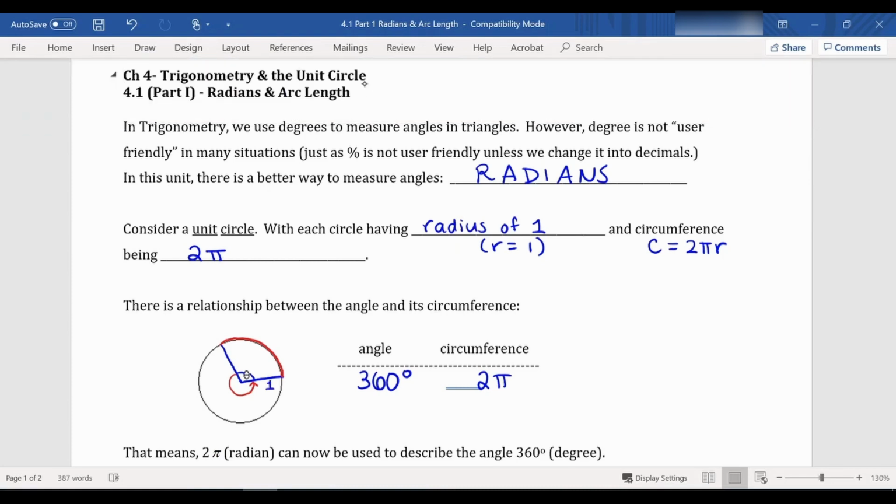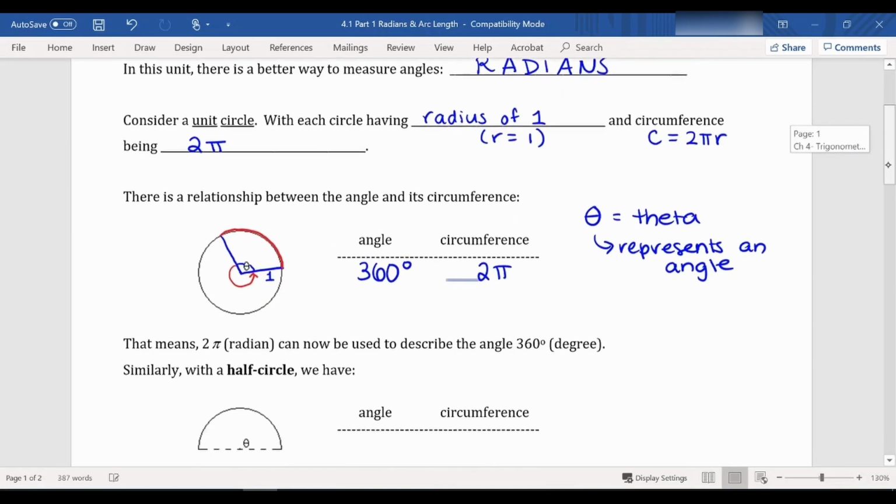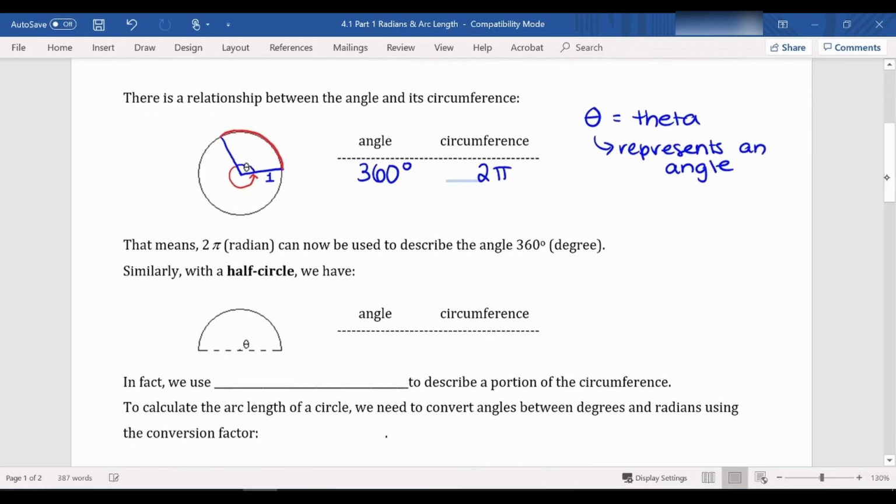And that little sign theta, this just represents an angle. We say this is theta, and this just represents an angle. So now instead of using the angle 360 degrees, we're going to use a unit of 2 pi, which are called radians.